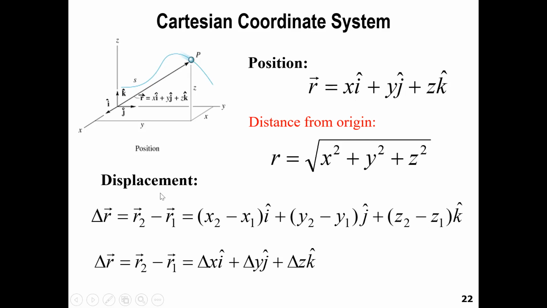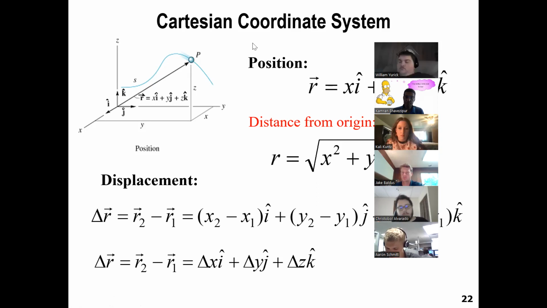So technically, your delta R is delta X times I, delta Y times J, and delta Z times K, right? Which means you can consider the displacement in X direction, in Y direction, and Z direction. It looks kind of independent, right? Because X doesn't interfere with Y, Z doesn't interfere with X, so each of them has its own stuff. Make sense?